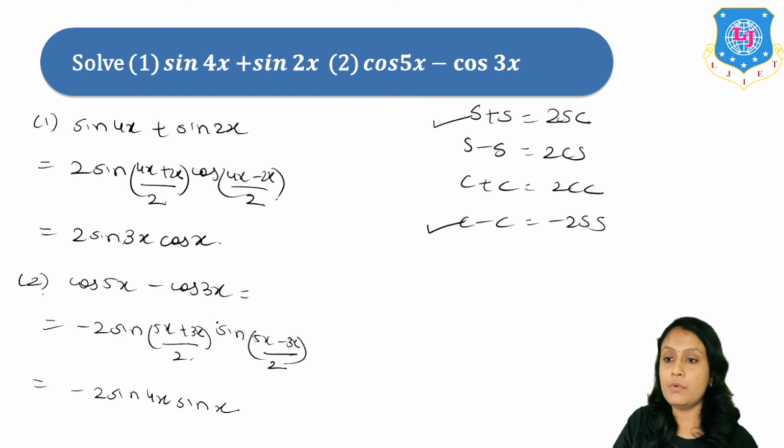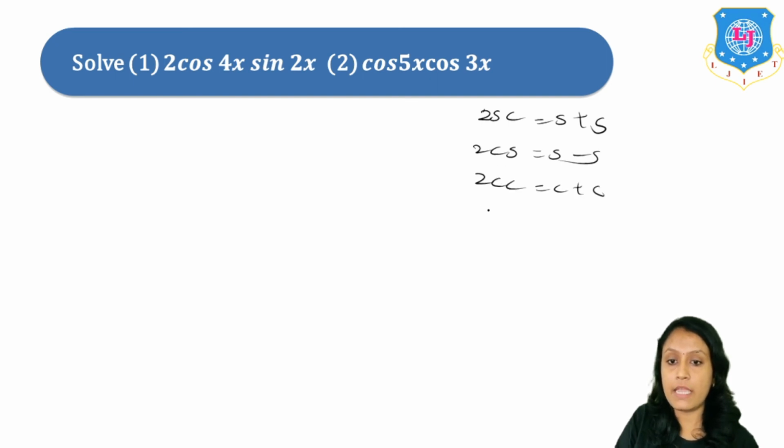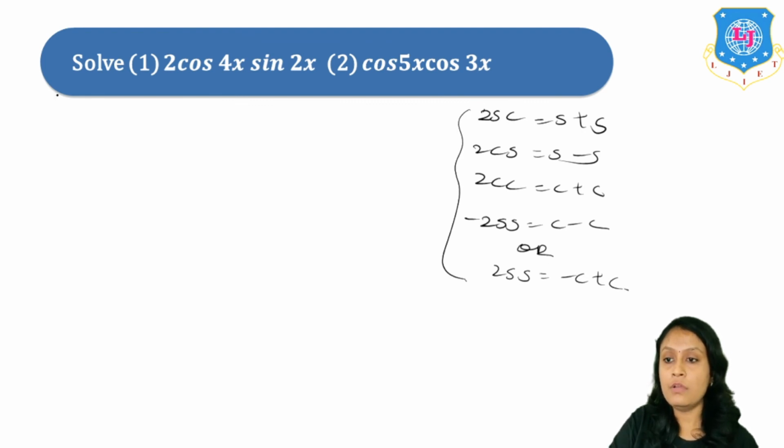Okay, now the next example. Here it is given 2 cos 4x sine 2x. The formula is given in the reverse form. So we know that 2sc is s plus s, 2cs is s minus s, 2cc is c plus c, and minus 2ss is c minus c. Or we can write this formula as 2ss is c minus c. We will use these formulas to find the answer.